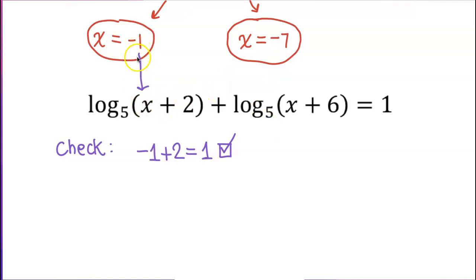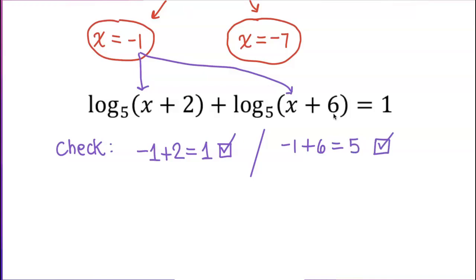Now I'm going to plug this negative 1 into the other log argument, the second log argument of x plus 6. That will turn into negative 1 plus 6, which is positive 5. So yes, negative 1 passed the check. So we know negative 1 is the solution to this equation.